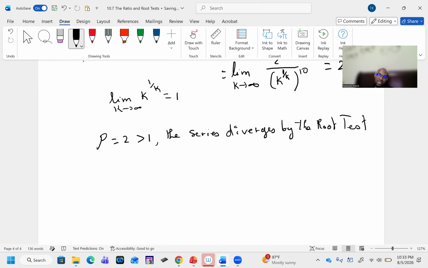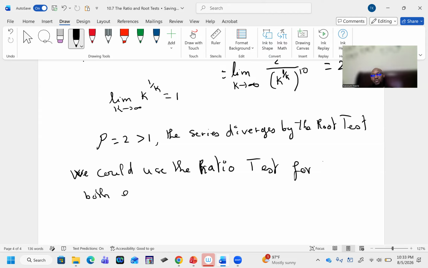So try the ratio test for both examples at home.